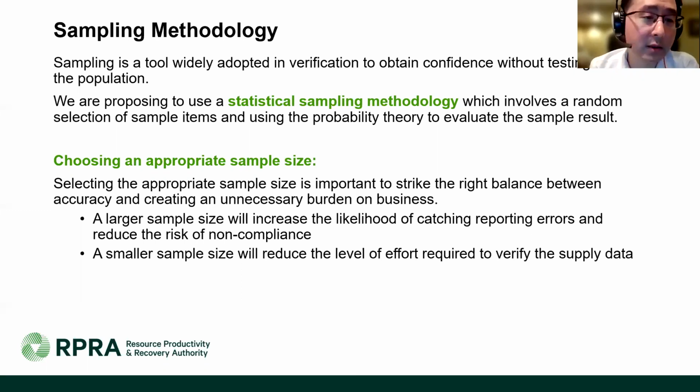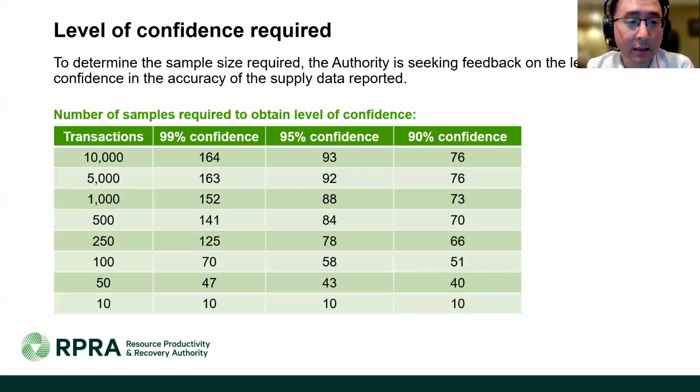Before I go into the considerations of why a producer may choose one sample size versus another, I would like to turn to the next page to give everyone a look at what the sample size will look like under each confidence level.